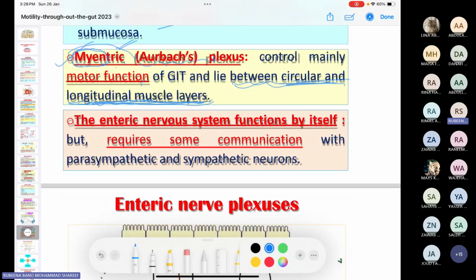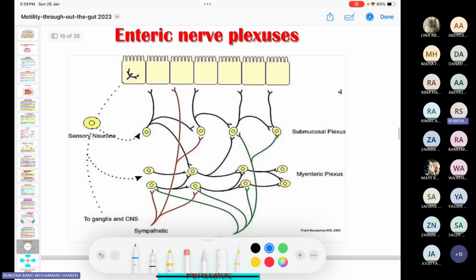What else? The enteric nervous system functions by itself, but requires some communication with the parasympathetic and sympathetic neurons. As you can see, this is the lumen of the GI tract, this is the epithelial lining, and this is the mucosal layer where the submucosal plexus is present. And this is the muscle layer, where the myenteric plexus is present.